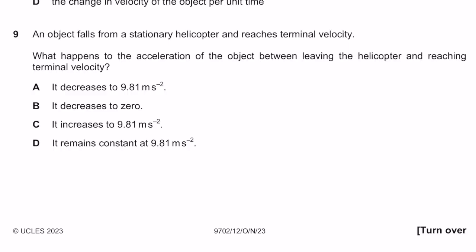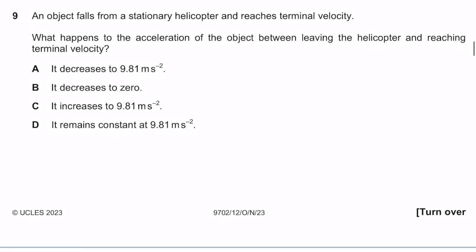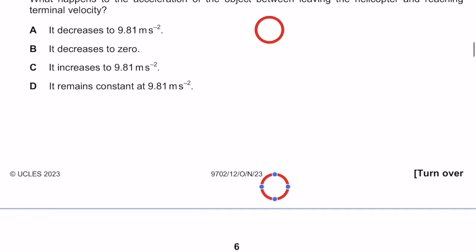An object falls from a stationary helicopter and reaches terminal velocity. What happens to the acceleration of the object between leaving the helicopter and reaching terminal velocity? Let's consider only 2 points: where the object is being released and where at the end the object reaches terminal velocity or moves at terminal velocity.